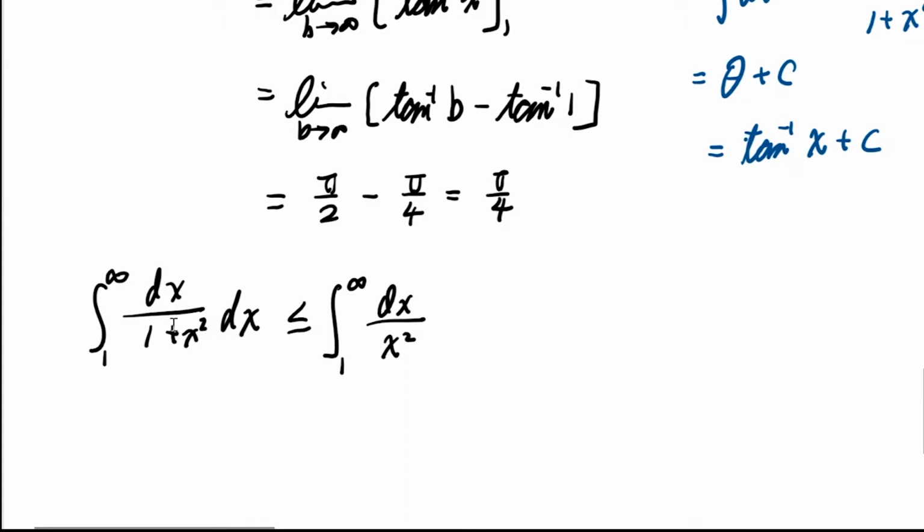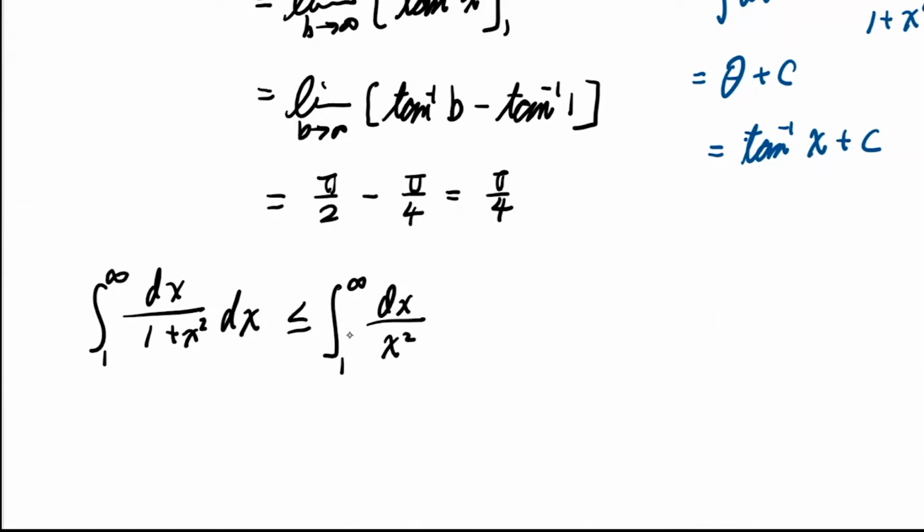So the statement is pi over 4 is less than or equal to 1. See, that's true. Because if you graph most of the functions, this function is slightly higher than this function from 1 through infinity. So this is slightly greater area than this, is what we are getting at. You get it now? Okay, that makes sense.